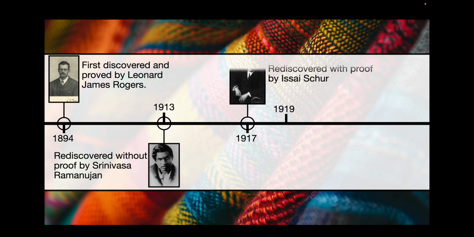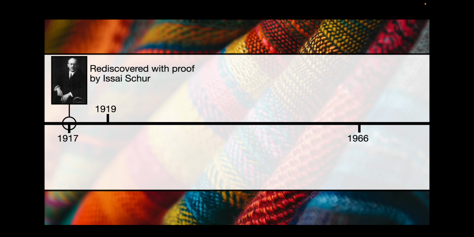And so in 1917, these are rediscovered with proof by Schur. And that's where I'd like to point out that, yes, these sometimes are called the Rogers-Ramanujan-Schur identities. And I guess it's interesting to see that Schur had a proof for these identities, and so did Rogers, but originally Ramanujan did not provide a proof for these identities.